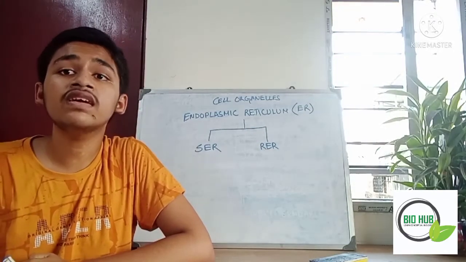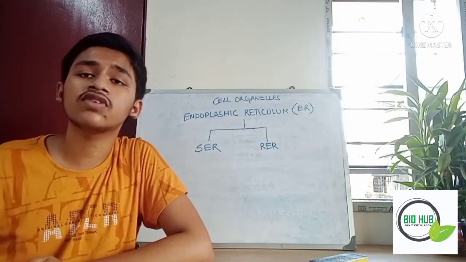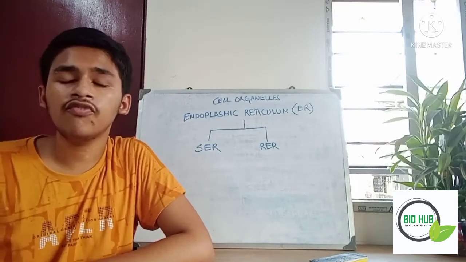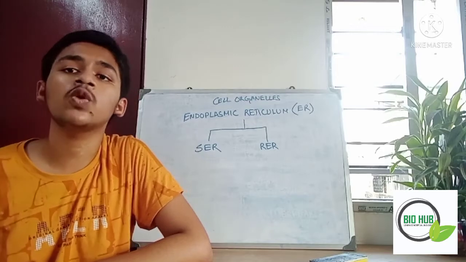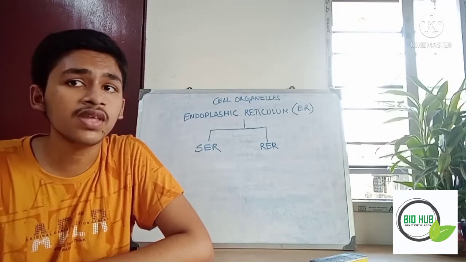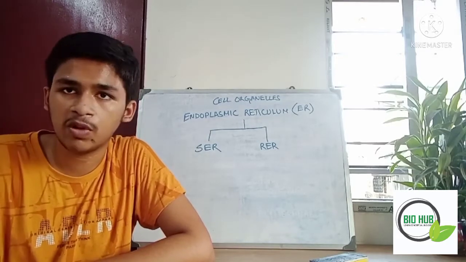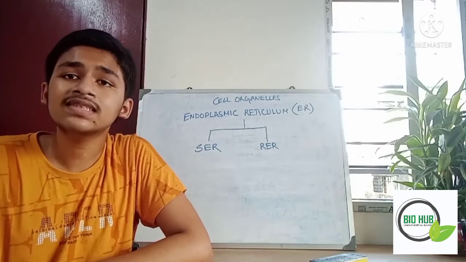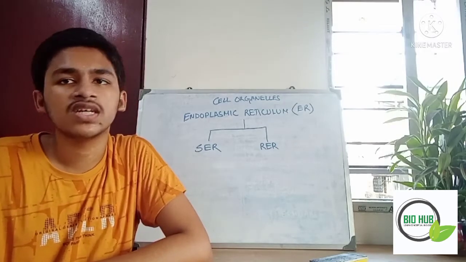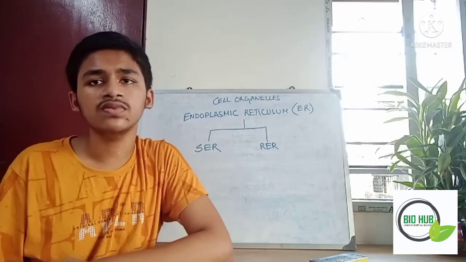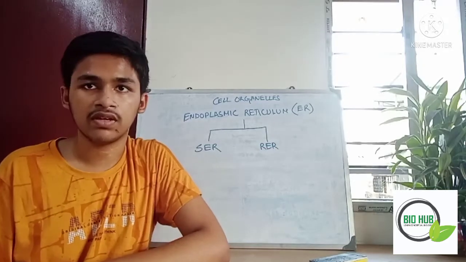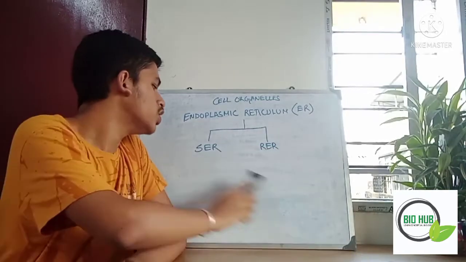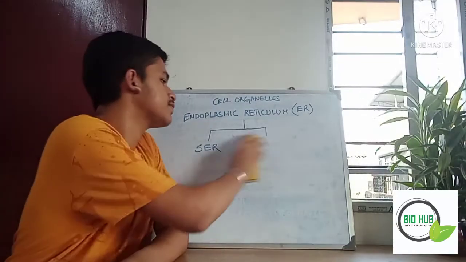The rough endoplasmic reticulum contains hair-like structures called ribosomes. Therefore, its surface is not smooth, and it is called the rough endoplasmic reticulum. Whereas the endoplasmic reticulum which does not contain any ribosomes is called the smooth endoplasmic reticulum. So, SER and RER.